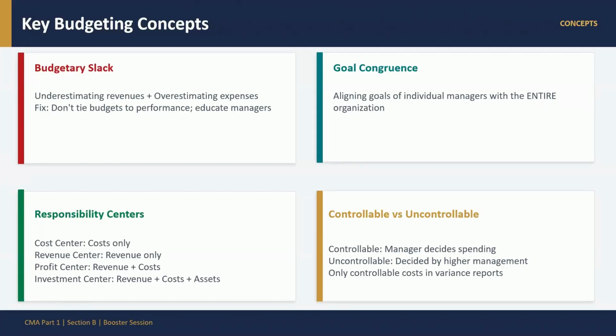Cost center: your production department and purchase department are well known for spending money, so they will be cost centers. Then comes the revenue center: your sales department, which is focused only on earning revenue, not on cost or profit. Then profit center: departments that are involved with both cost and revenue, for example one product line of a company.